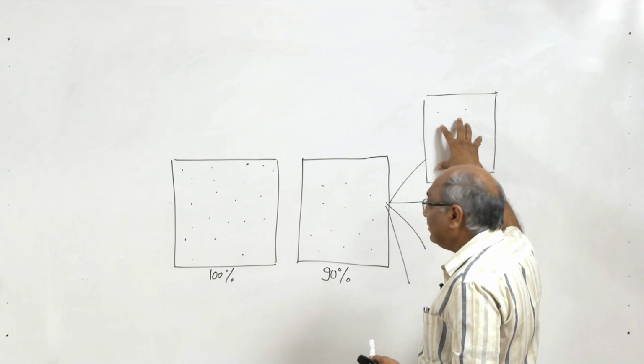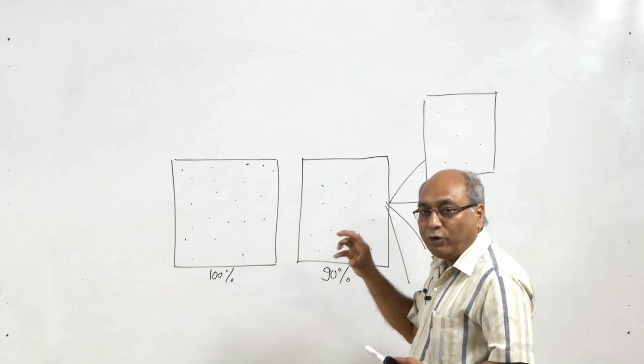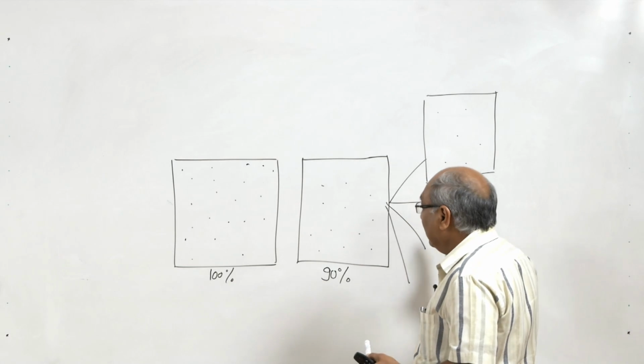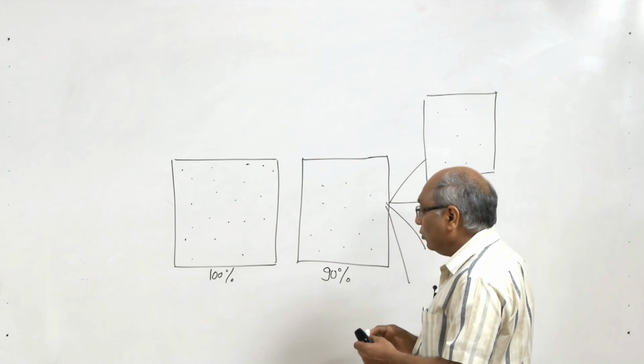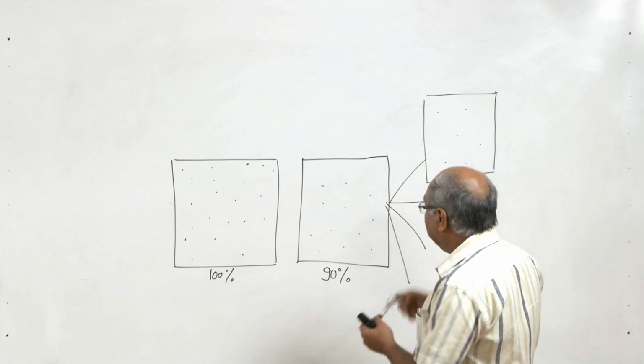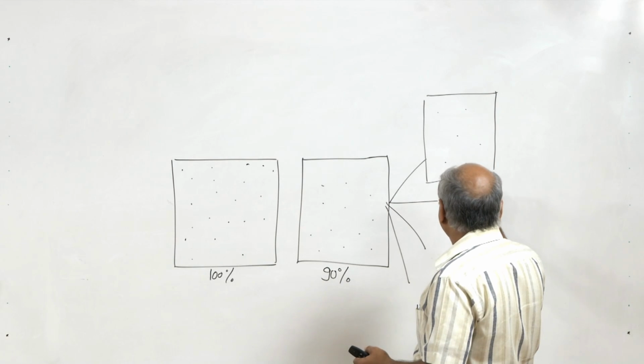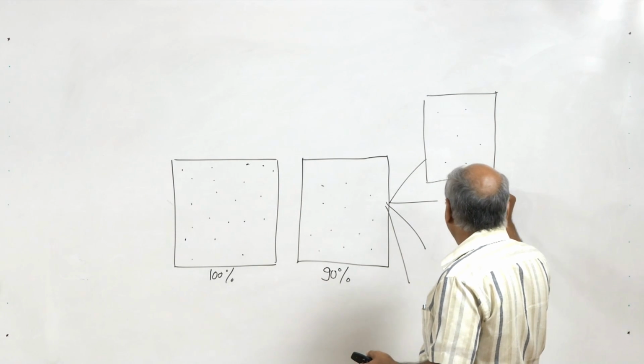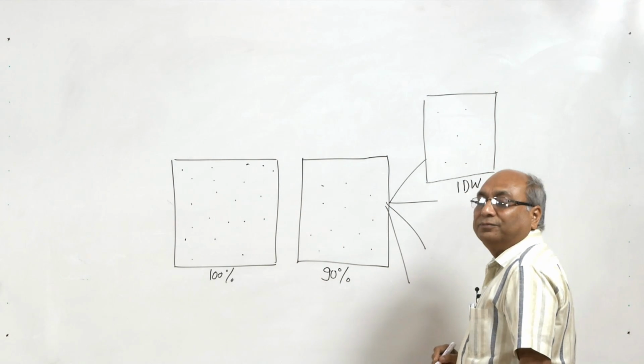Now at this stage I am having an input of only 90% points. So what I have to do, say for example I reach a conclusion that IDW is most suitable for my data set.